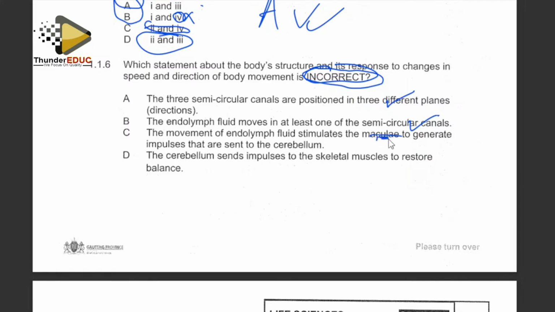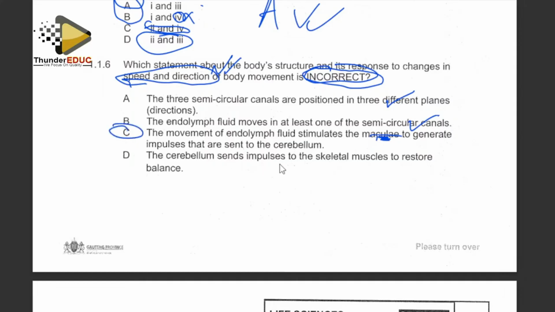Maculae. When they said speed and direction, go back to the distinction material book by M.Saidi, you will see exactly. So here it shows that maculae does not detect speed and direction, it detects the position of the head. So here we are looking at speed and direction. So this one looks to be incorrect.